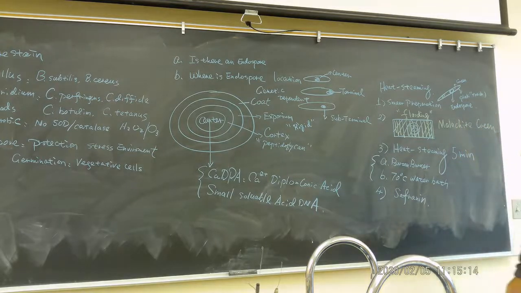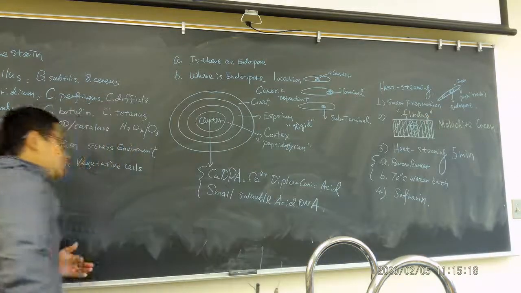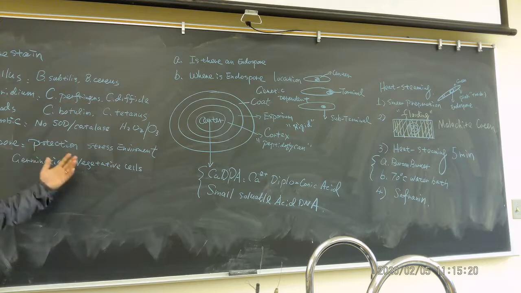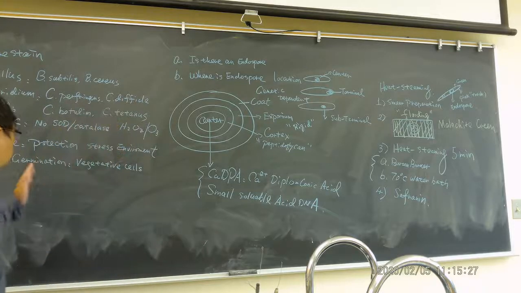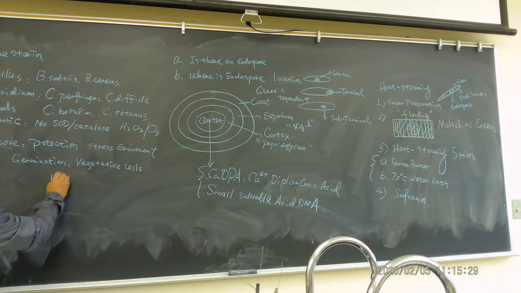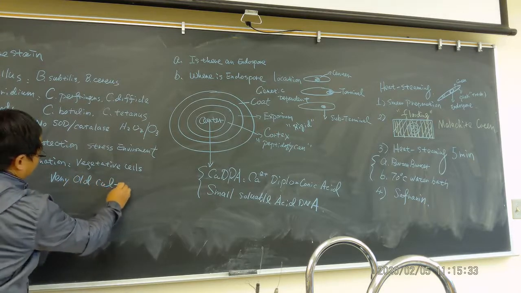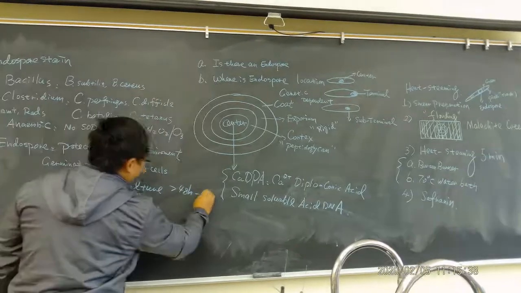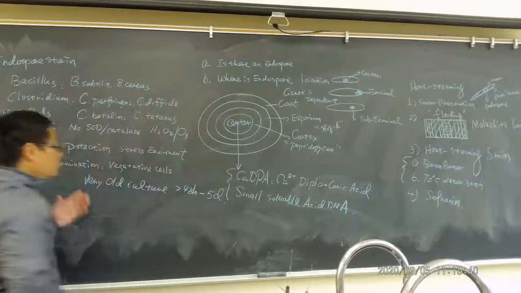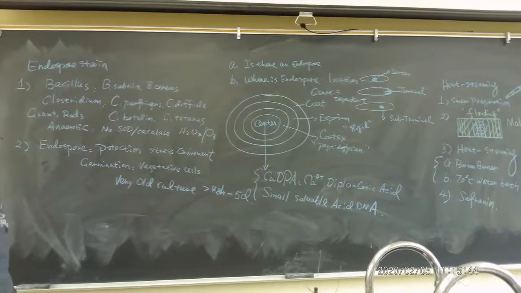Now, because the endospore is generated for protection in a stress environment, it is different from the Gram stain. For the endospore stain, we need to use a very old culture, usually more than 48 hours to even 5 days, because we want the bacteria to create endospores.